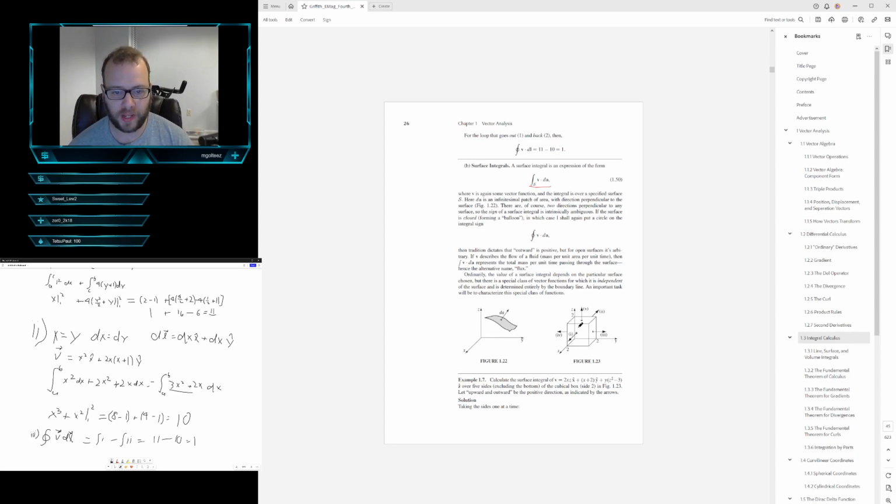They want to calculate the surface integral of this vector field, which has an x, a y, and a z component, over 5 sides of the cube. So we want to calculate the surface integral over 5 sides.